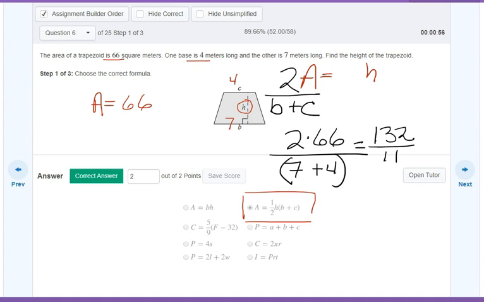You do this division, and we find that h equals 12. 12 times 11 is 132. And again, check your work. You have plenty of time. Does that seem reasonable? In fact, you could put all these numbers in the formula and see if you end up with 66. And again, show the work.